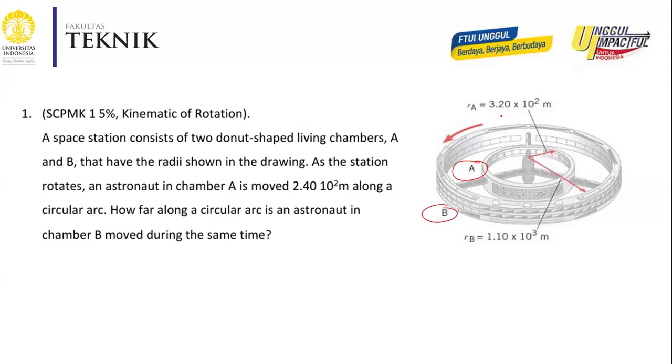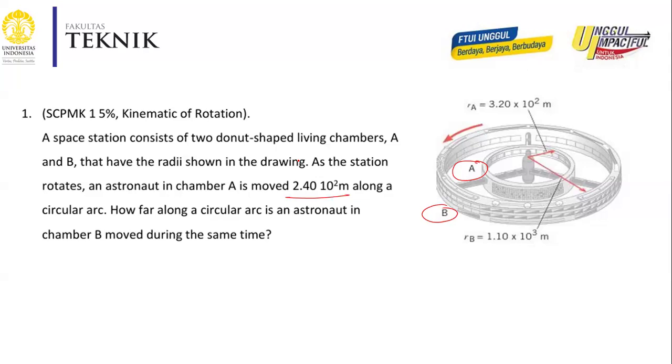The radius of A is 3.2 times 10 power 2 meters, and the radius of B is 1.1 times 10 power 3 meters. As the station rotates, an astronaut in chamber A moves 2.4 times 10 power 2 meters along a circular arc. How far along a circular arc does an astronaut in chamber B move during the same time?